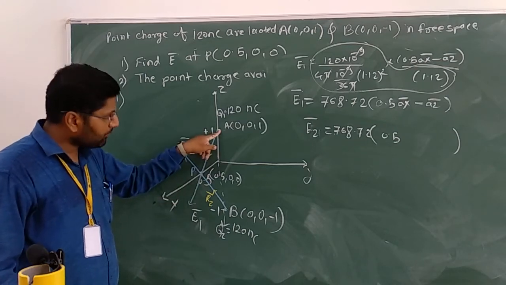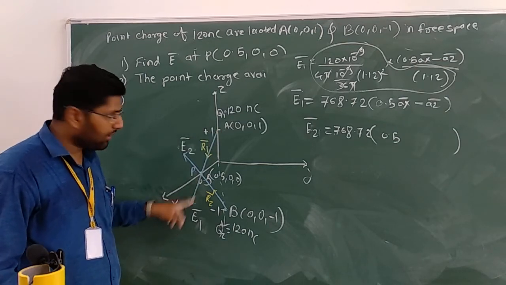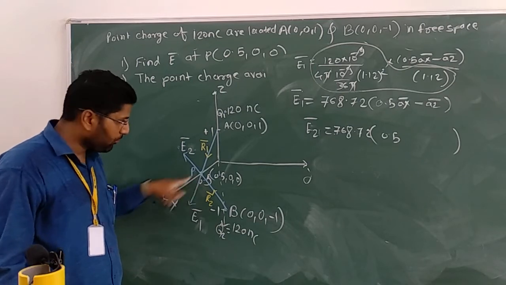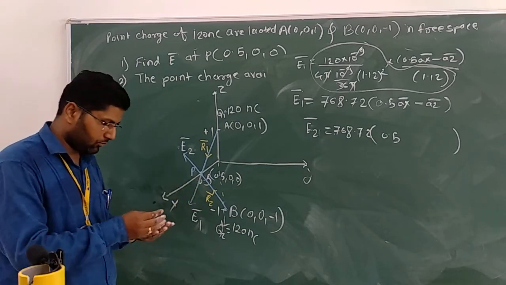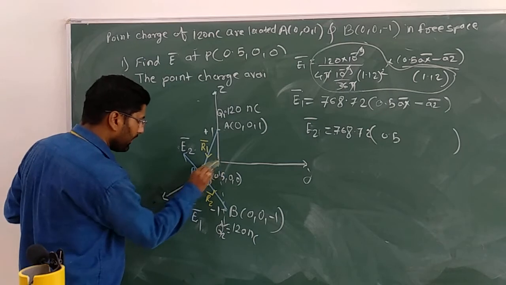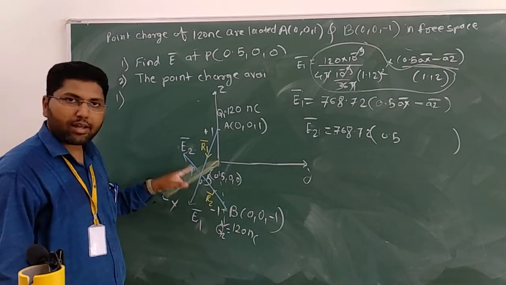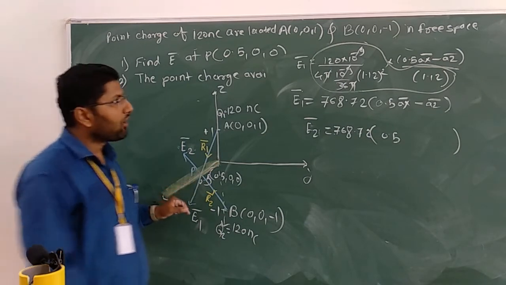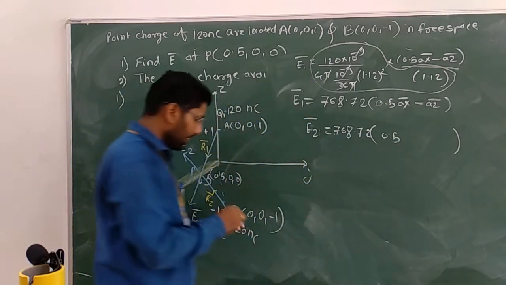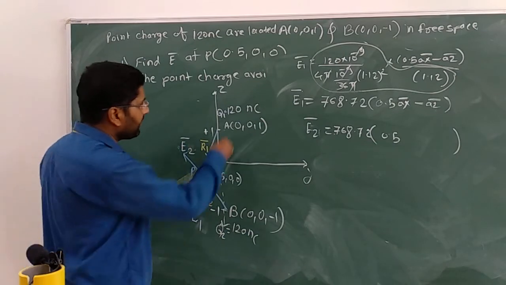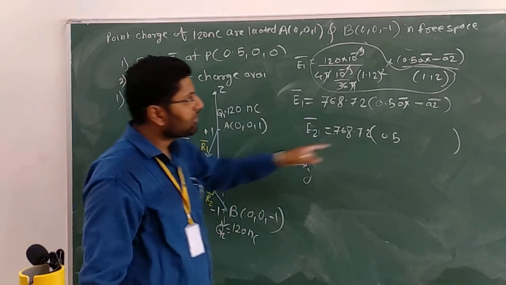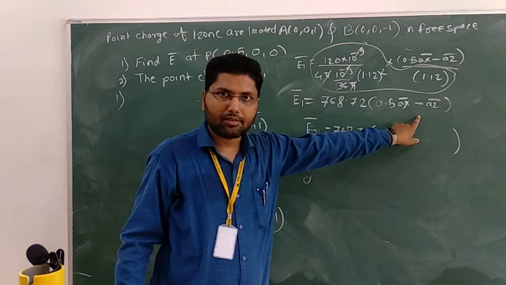For the E1 bar, x is positive, you can see this direction. For E2 bar also, x is positive. What about the z? When you are calculating E1 bar, the direction is minus, right?